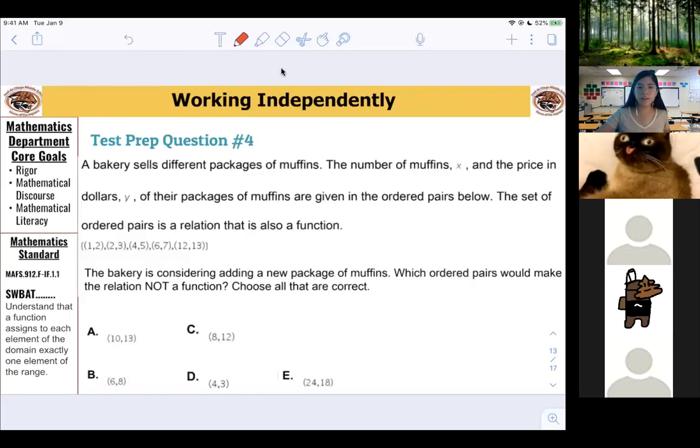Take 2 minutes. Let me start a poll. Give me 1 second to start a poll because I have to make a new one. And then we can see what we get.